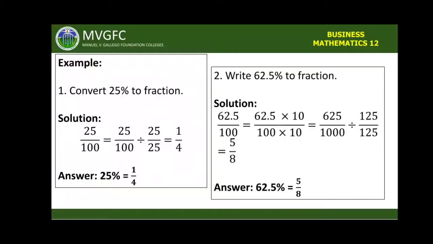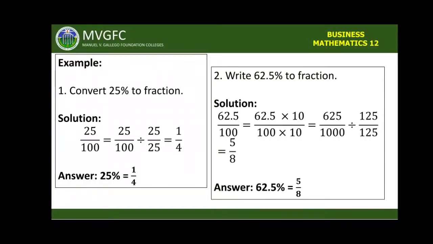Another example is this. We need to write 62.5% to fraction, or 62 and 5/10. Okay, so for our solution, we need to write, of course, the percent, 62.5 as the numerator and 100 as the denominator.